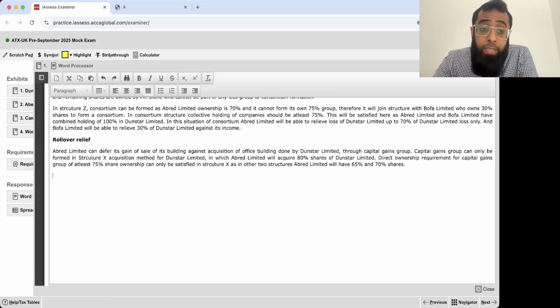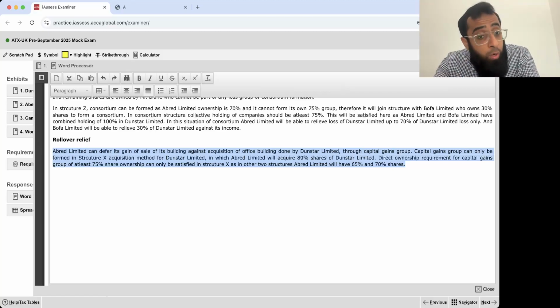Let me repeat it again. First of all, we cleared that rollover relief can only be claimed by Abrid Limited deferring its gain on sale of its buildings against acquisition of the office building by Dunster Limited through a capital gains group. A capital gains group will be formed in structure X when you have 80% share ownership, because that only satisfies the requirement of a capital gains group.